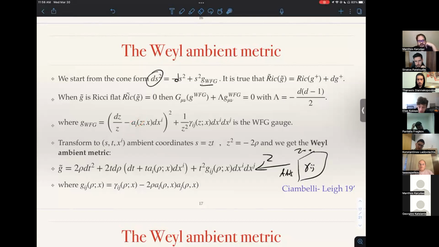With AI turned on. Okay, but what is the physics of a system that lives on a Minkowski space, but has a non-trivial Weyl connection? That's an open question as far as I know. We don't really know the physical significance of this connection. You mean Ciambelli and Leigh, they don't know it?